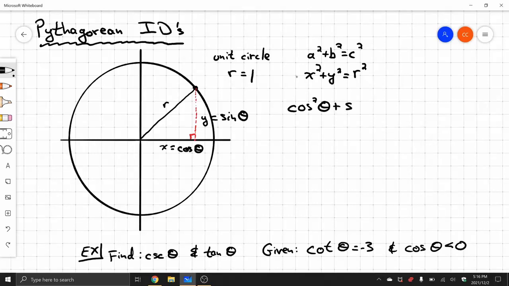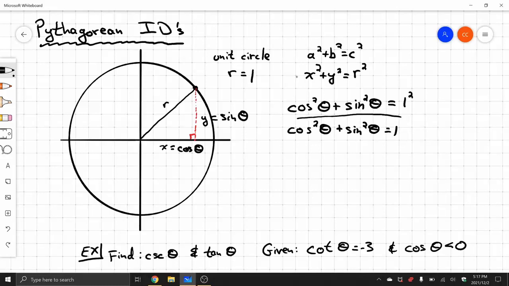And my y is sine theta, so y squared is going to be sine squared theta. And here I've got a radius of 1, so 1 squared is just 1. So our first Pythagorean identity is cosine squared theta plus sine squared theta is equal to 1.